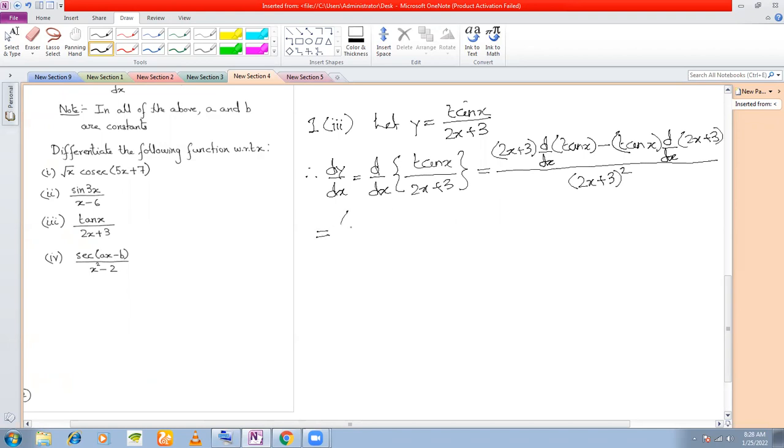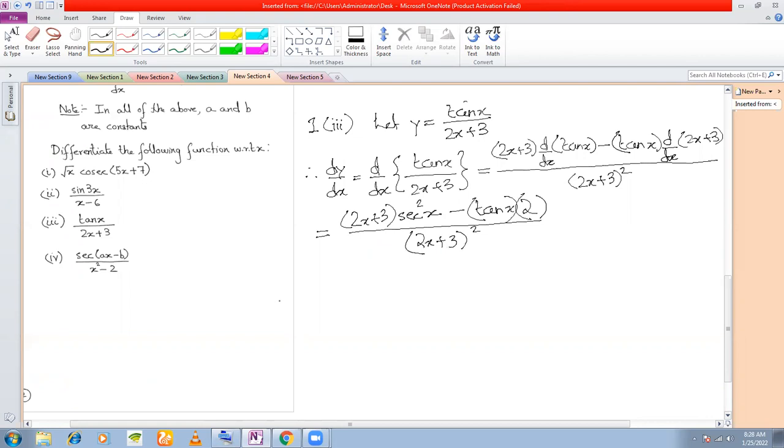So now we are going to differentiate this, 2x plus 3 writing as it is, and d dx tan x, if you have memorized, d dx tan x is sec square x, right? Minus tan x into d dx of 2x plus 3, d dx of a linear polynomial is nothing but the coefficient of x, 2, divided by 2x plus 3 square, right?